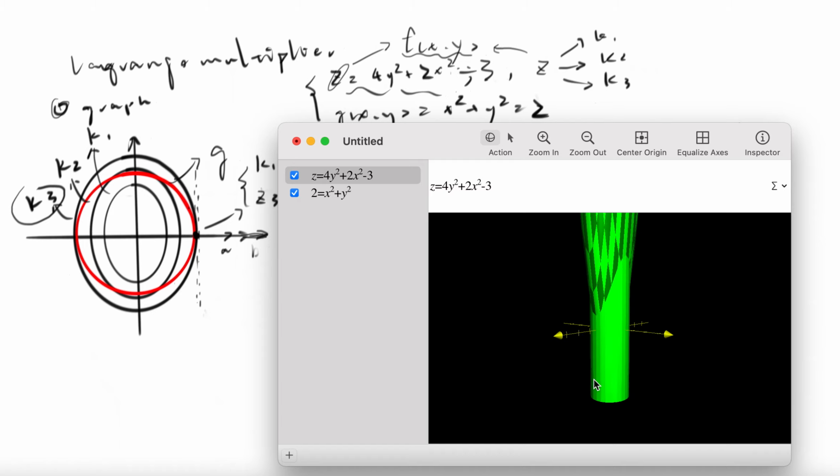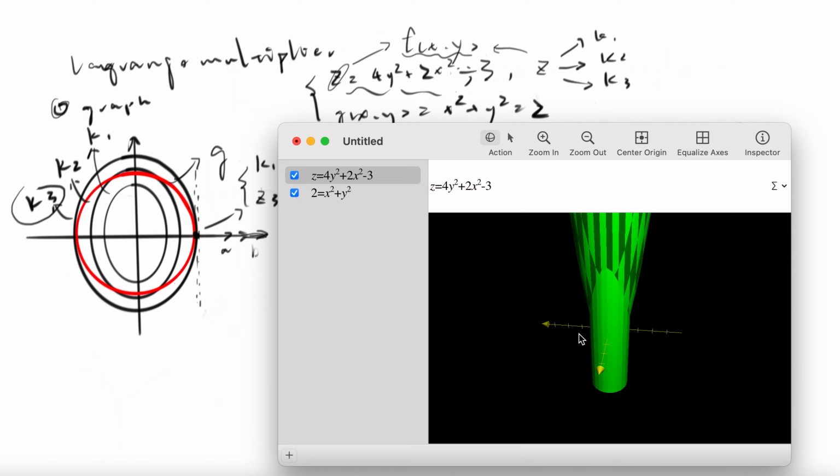So as you can see here, when K is really small, which means Z is really small, the cross section of the G graph completely includes the F graph at the minimum point.